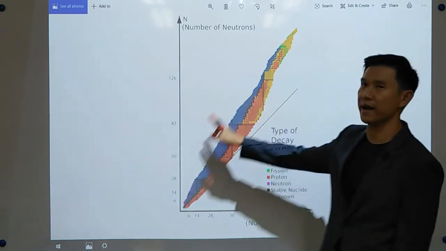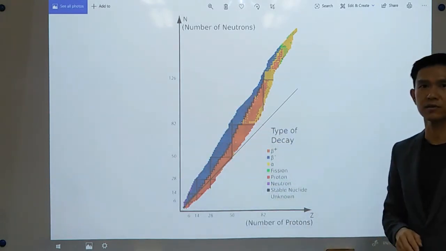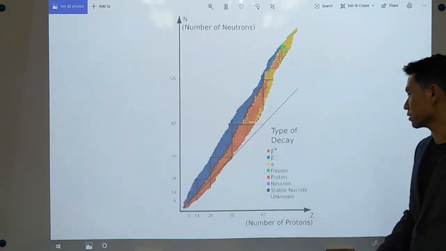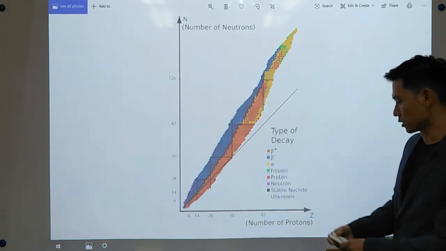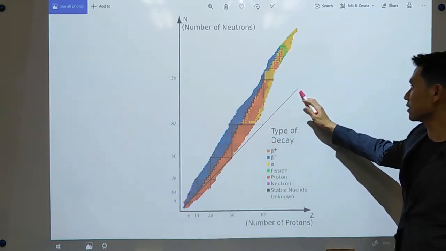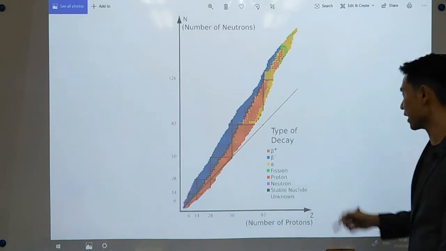And on the y-axis is the number of neutrons, right? I use n for the number of neutrons. So we have n and Z. And if you look at this line, it is the line indicating n equals Z.